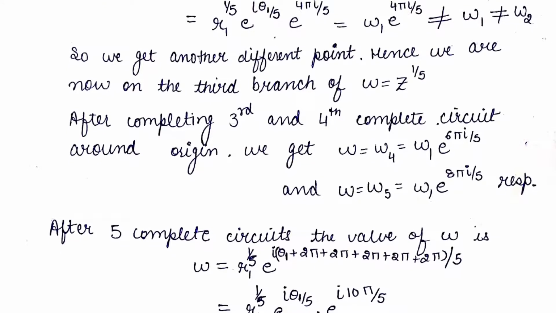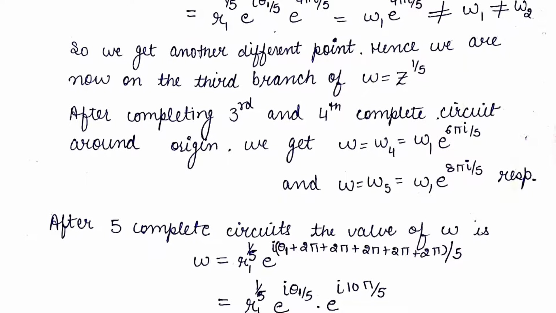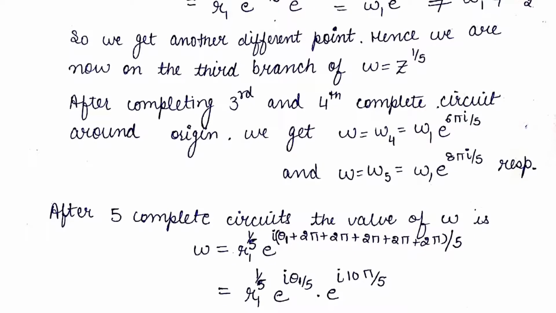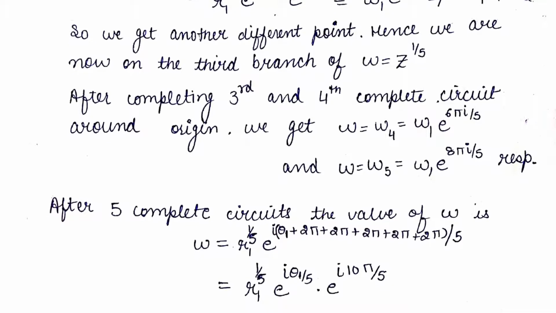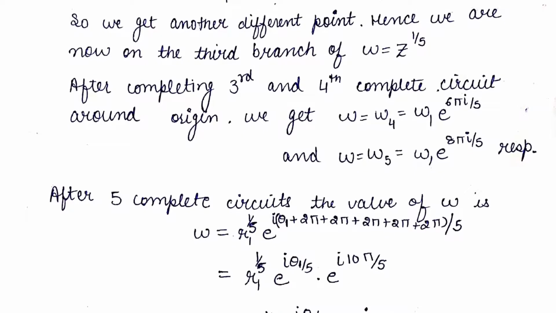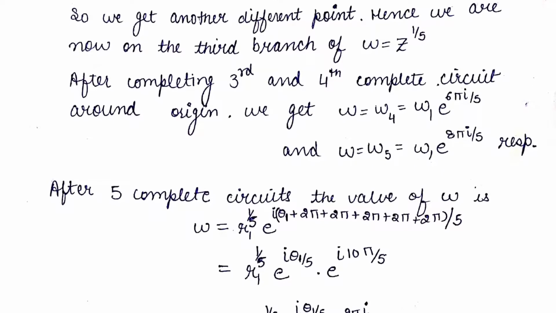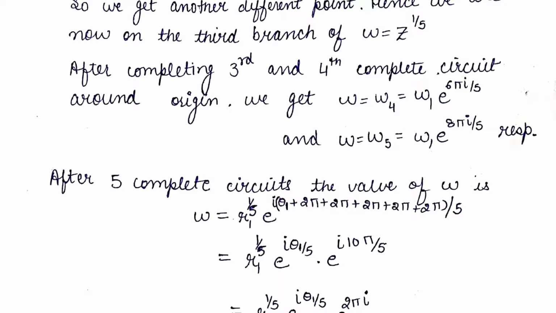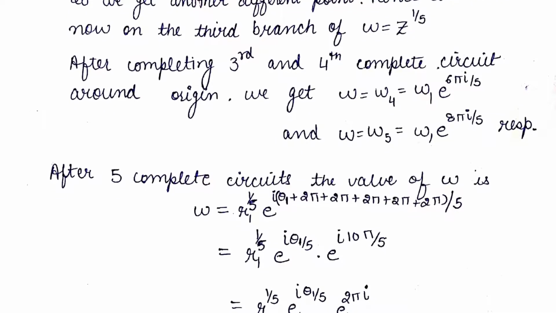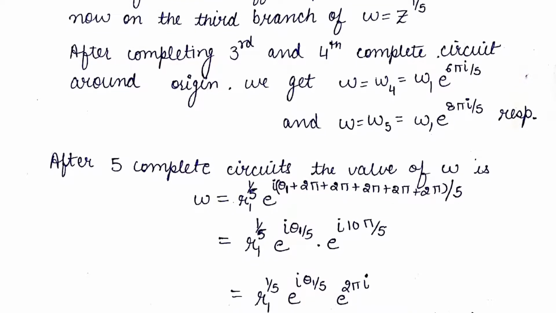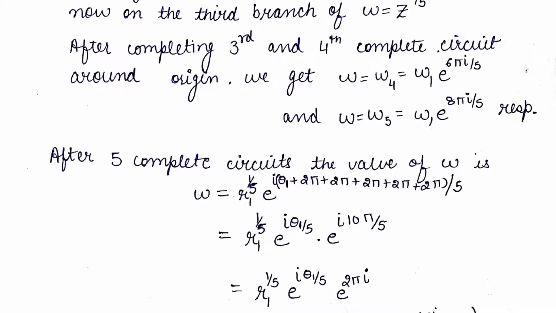But when we complete the fifth circuit about the origin, then we get that the value of w will again become w1. That is, now we are reaching the same point from where we started, but after making 5 complete circuits around the origin.